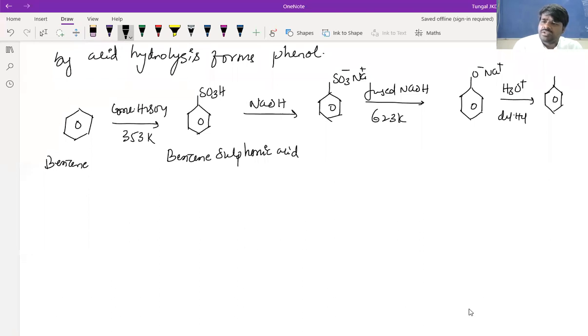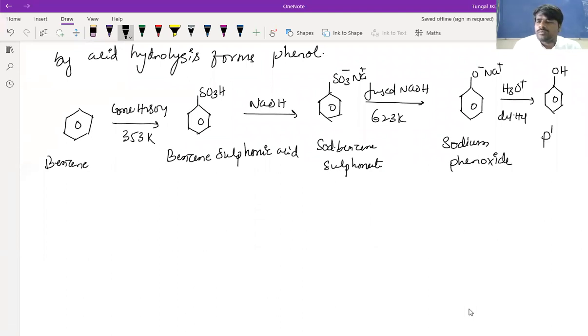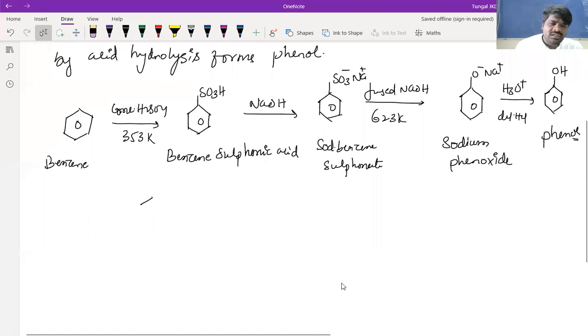So we are talking about the methods of preparation of phenol. This is your sodium benzene sulfonate, this is sodium phenoxide, and this is your phenol. So this is your first method. Instead of writing this much equation, we can directly write: start with benzene sulfonic acid, heat with fused NaOH first, followed by dilute HCl. It forms the corresponding phenol, beta. This is the direct way of writing.